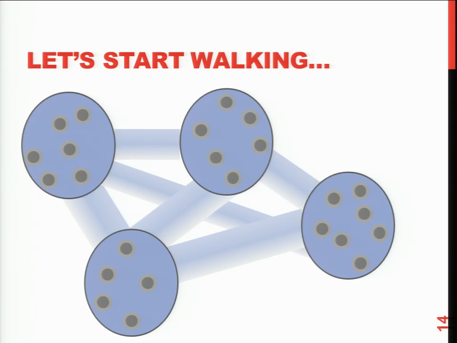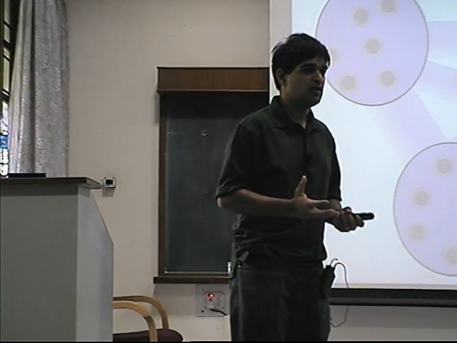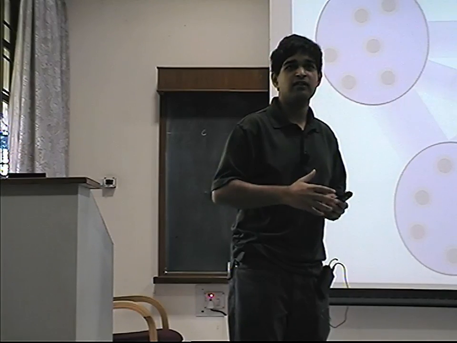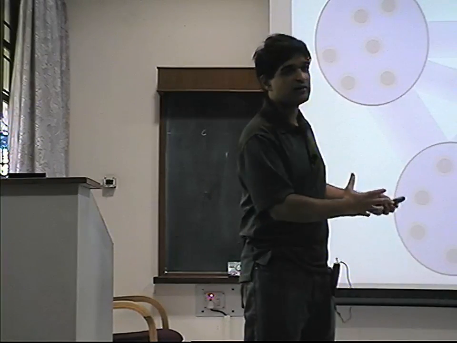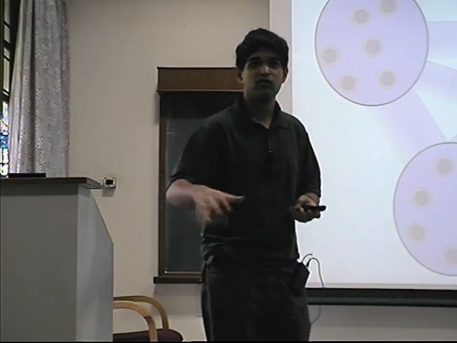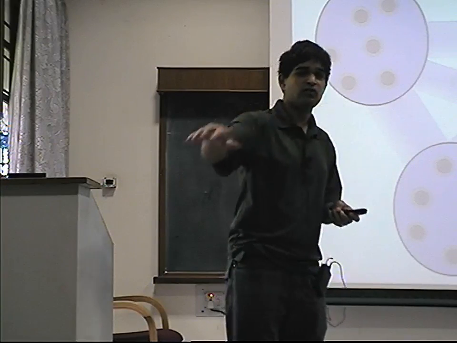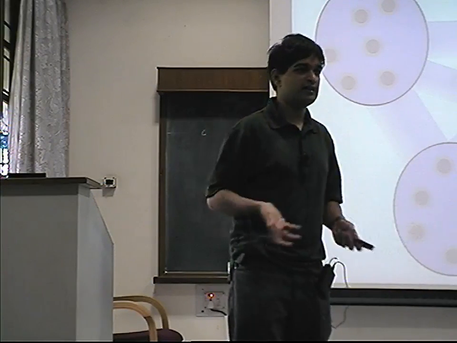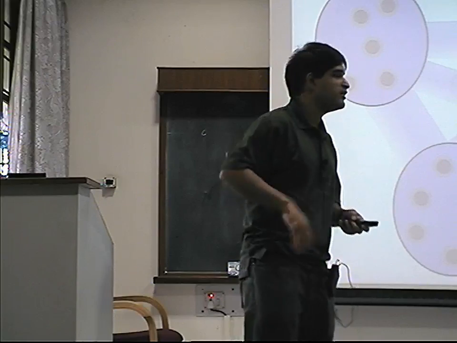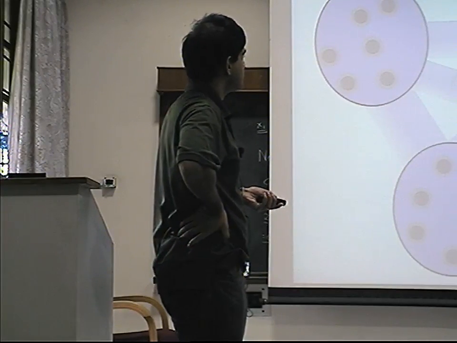Maybe you take a few random walks and see which nodes you visit most, and then you declare those to be the nodes in your cluster, and you peel that away from the rest of the graph and continue. You would start from another node, do several random walks from that node, see which nodes you visit most, and again declare that to be part of your cluster. This is one idea, and it's indeed a good idea, but it's hard to analyze.